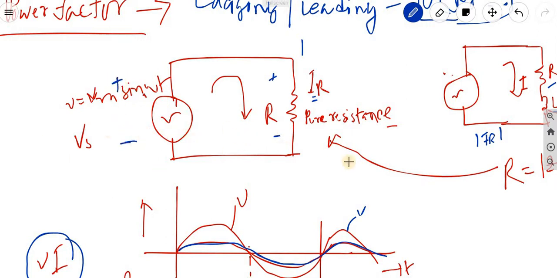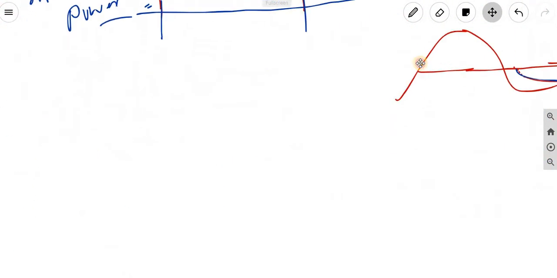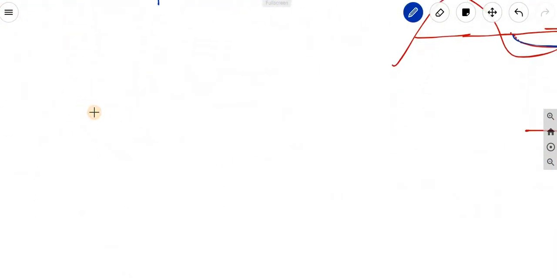Okay, so if you see this for a particular element, power absorbed and power delivered. Suppose one source is there, the polarity is like this, and the current direction is also this way.